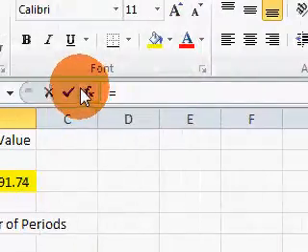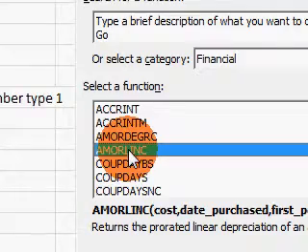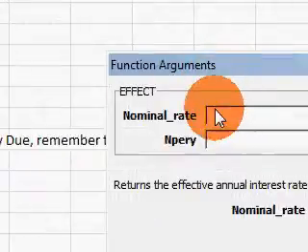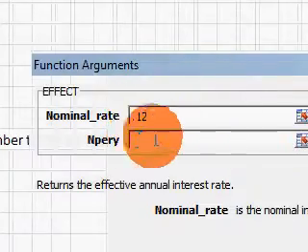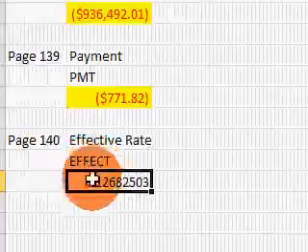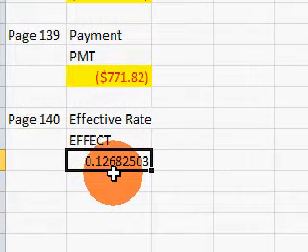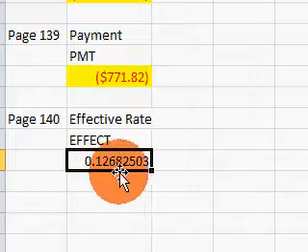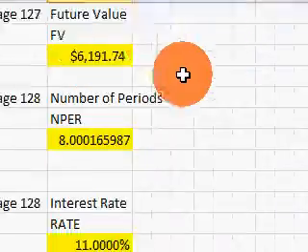If I go into f of x and find effect, I'll hit OK. I'm going to put in the interest rate at 0.12, and the number of periods is 12. And we see there it's 12.68%. So the true effective borrowing cost is 12.68%, not 12%.